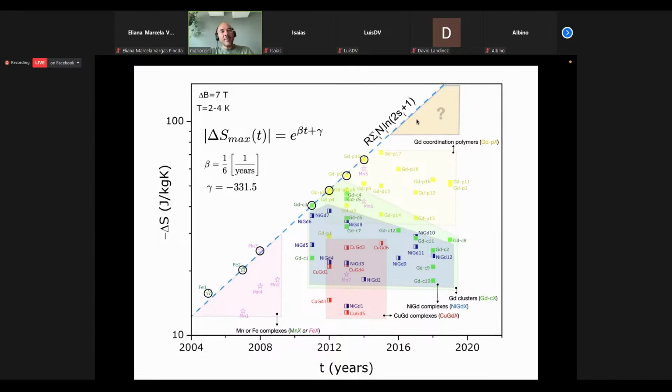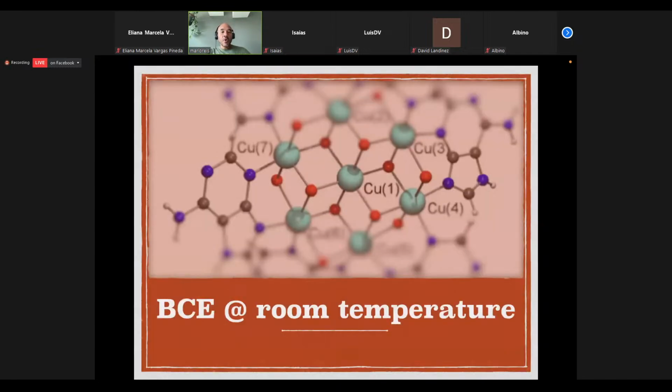What's the next family here that will maximize the entropy change for this region of temperature, using molecular magnets, or not necessarily molecular magnets, because molecular magnets are here at low values, but metal complexes, I mean. Okay.